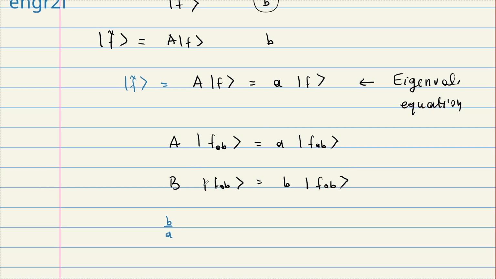If A and B commute, and if there is no degeneracy, they can be diagonalized simultaneously, or they can have simultaneous eigenbases, or they are compatible observables. They have the same basis. Yes, now they have the same basis. This F_ab is the same basis. Good.